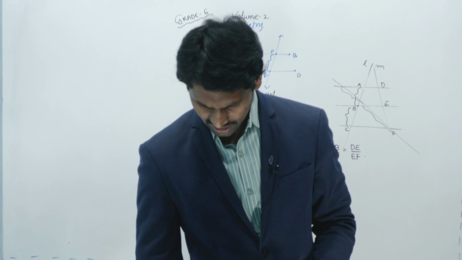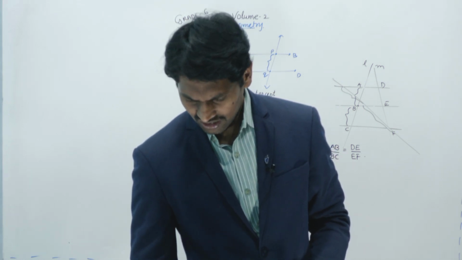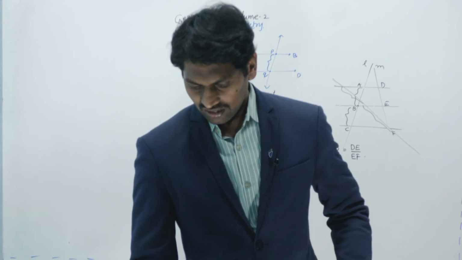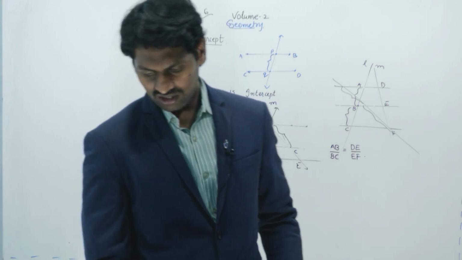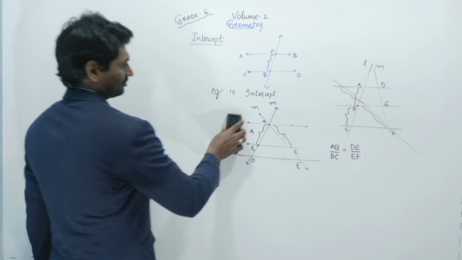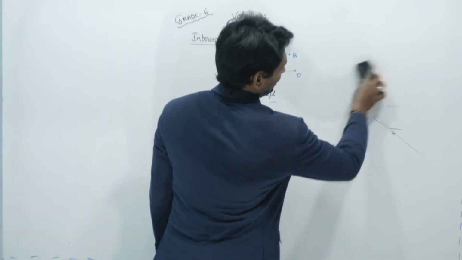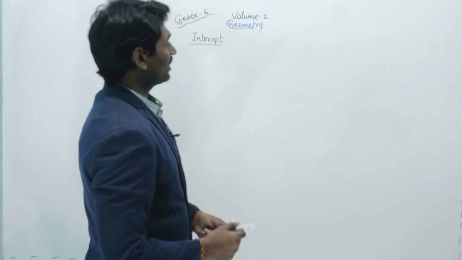Now let us go to the concept based questions. If two lines L and M are intersected by a transversal N at A and B, let me draw the diagram.